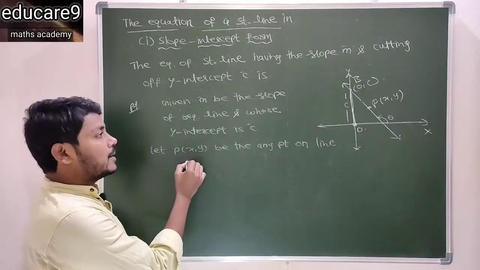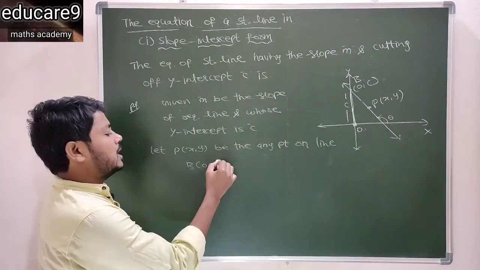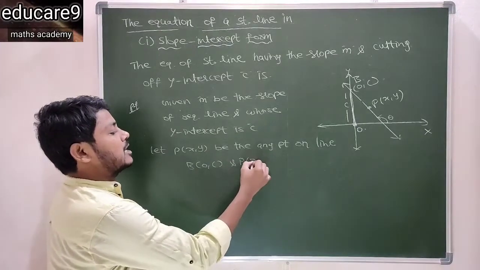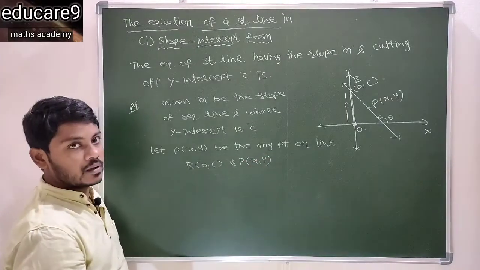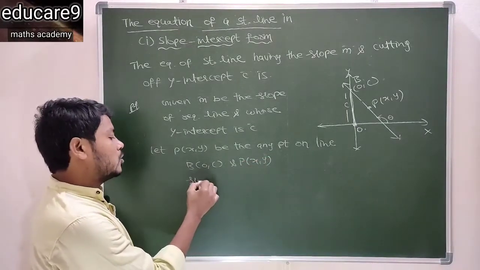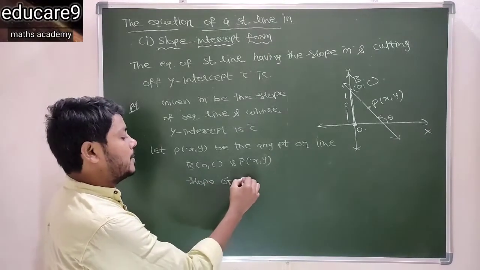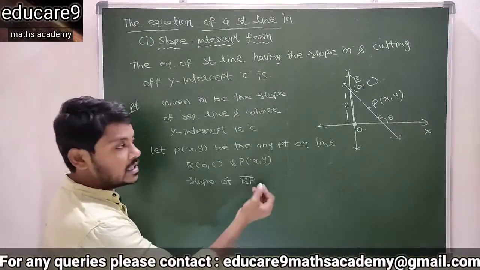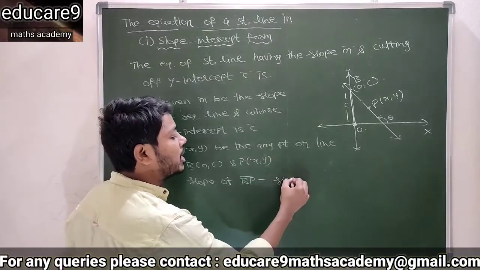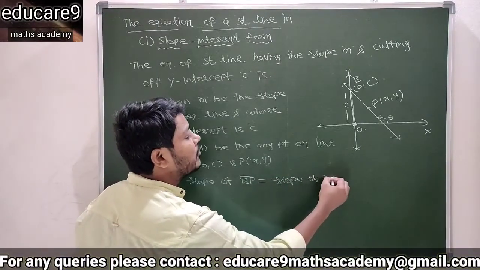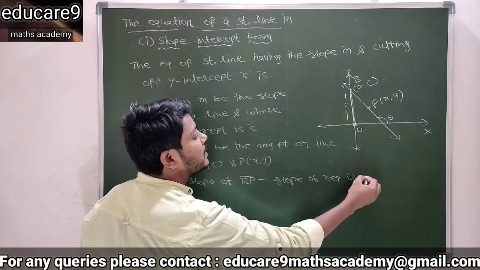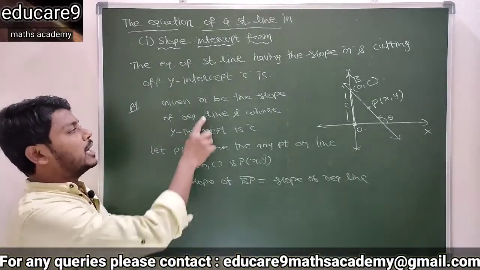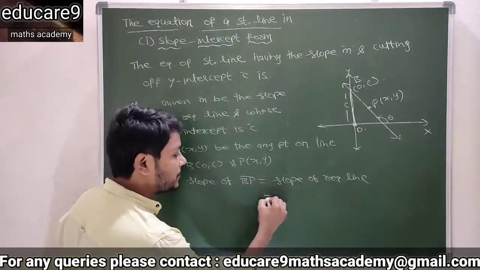B is (0, c) and P is (x, y). So the slope of BP is equal to the slope of the required line, which is m, given.